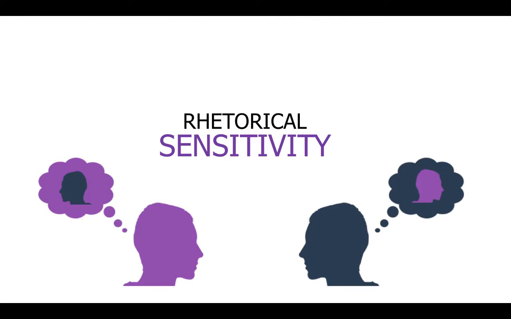Next is a concept called rhetorical sensitivity, which is speaking and phrasing statements in such a way that the feelings and beliefs of the listener are considered. And it's phrasing statements in order not to offend others or trigger emotional overreactions. Basically, we just call this being careful. Thinking about what you say before you say it.